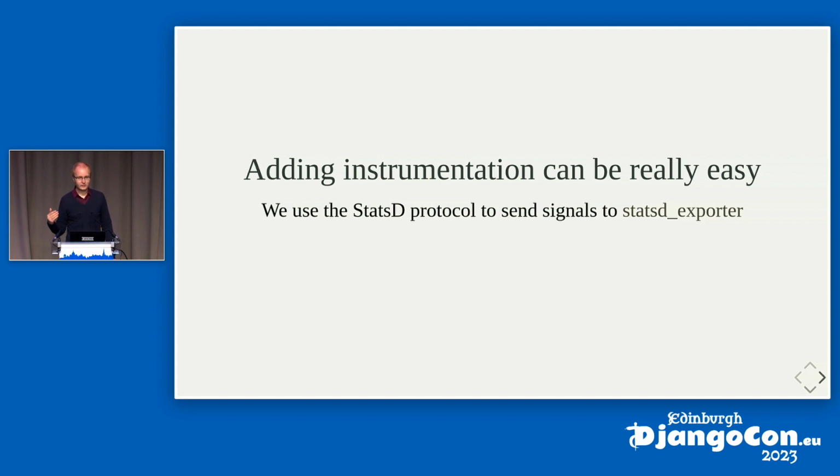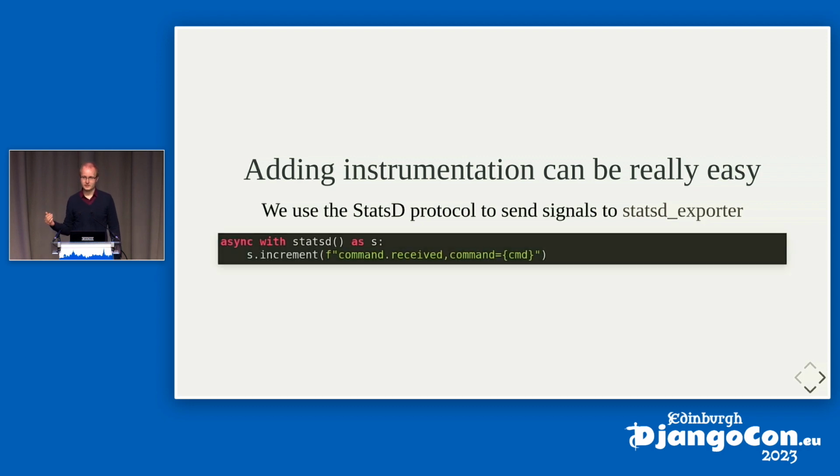And whenever we want to count something in our software, we just have to add two very simple lines with a short piece of text describing what we want to count. And the beautiful thing about the statsd protocol is that it's just one UDP message, and there's little to no overhead in doing so, because it just fires it onto the UDP socket, and there's no additional logic or threading associated with actually sending that.